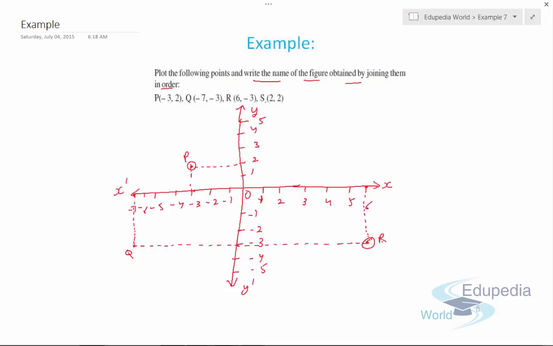Now the last point is S, 2 and 2. So this is 2 and this is S. So when we join these points, let's see if we can join like this. If we join like this, let me use a different pen.